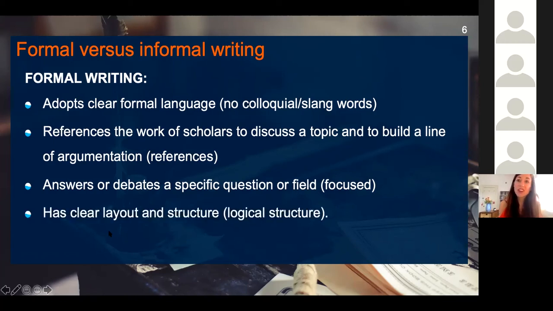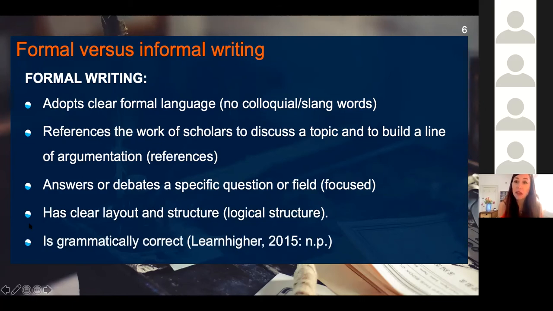It has clear layout and structure. So you need to have paragraphs. The paragraphs need to make sense in relation to one another. You have sections that also follow a logical flow, and we'll talk about that a bit later. And finally, it's grammatically correct.